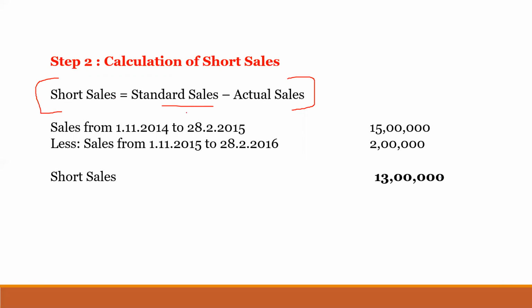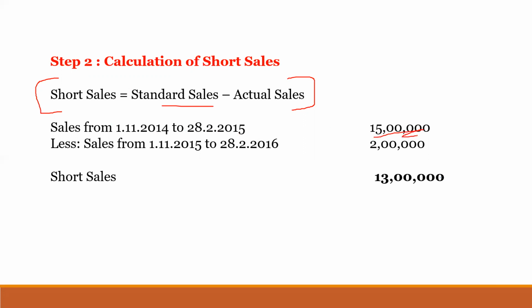So we know that the fire occurred on 1st November. Now we have the standard sales from 1st November 2014 to 28th February 2015. So this is the standard sales.